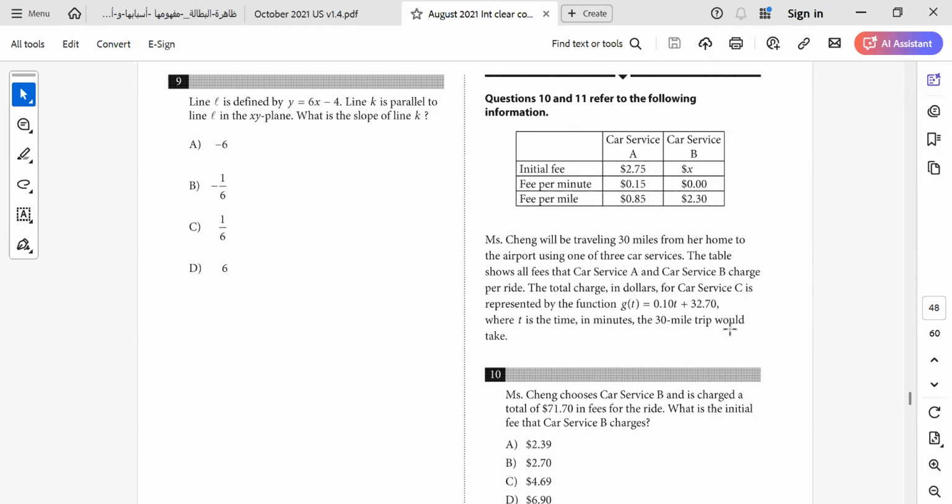The 30 mile trip would take... It doesn't matter, 30 miles, right? Take care, because that's the initial fee, okay? Should we multiply by 30?